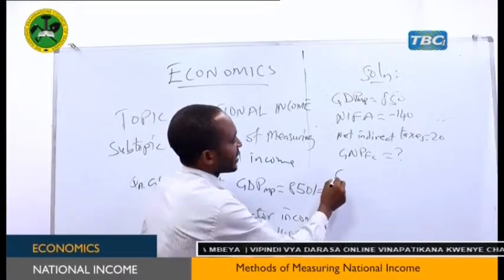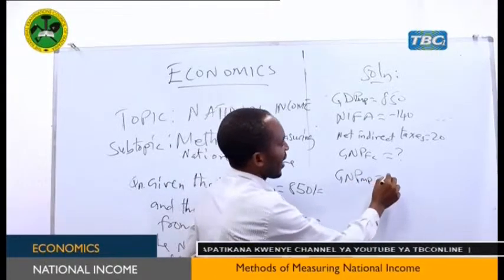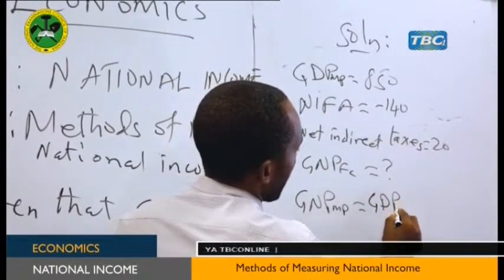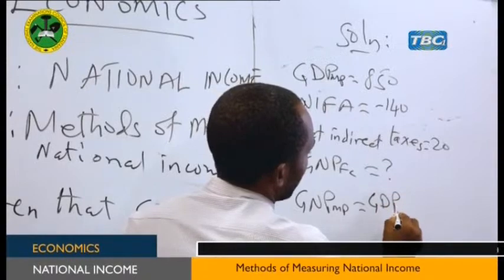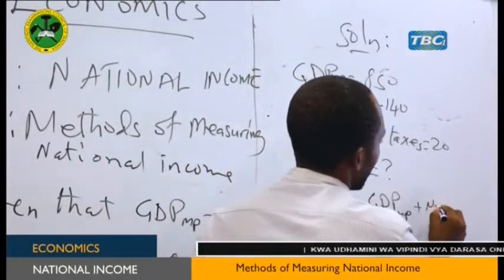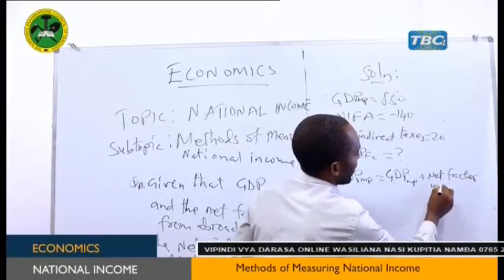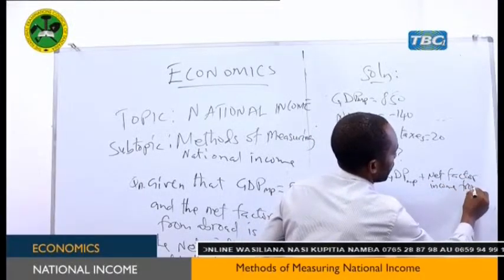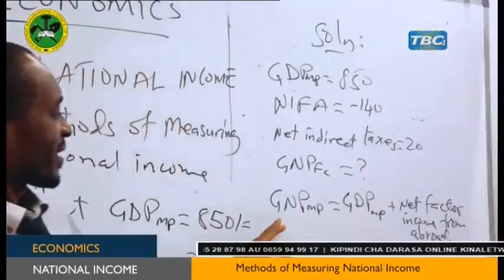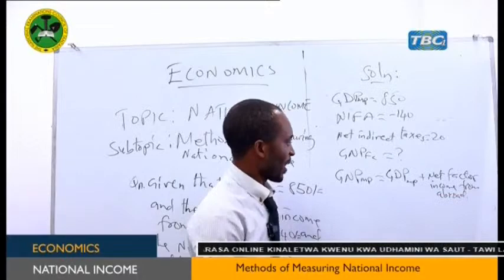So GNP at a market price will be equal to GDP at market price plus net factor income from abroad. Okay, so to obtain the GNP at a market price, GDP at a market price plus net factor income from abroad.